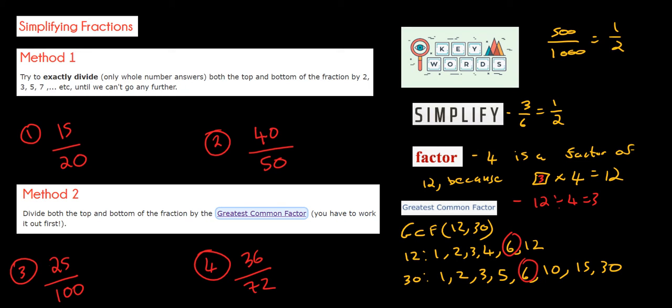Try to divide only whole numbers using method 1, and method 2 is using the greatest common factor. Pause the video and off you go. Hopefully you've done that now. For the first, we can divide by 5 to get 3 over 4. We can't go any further. The only common factor between 3 and 4 is 1.